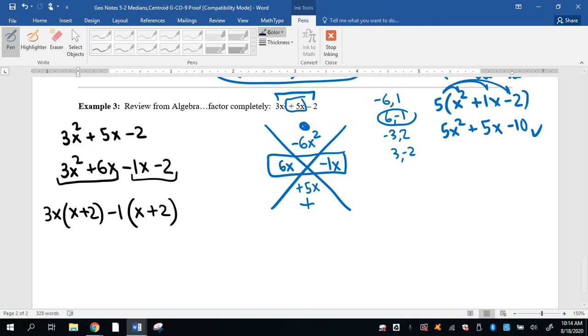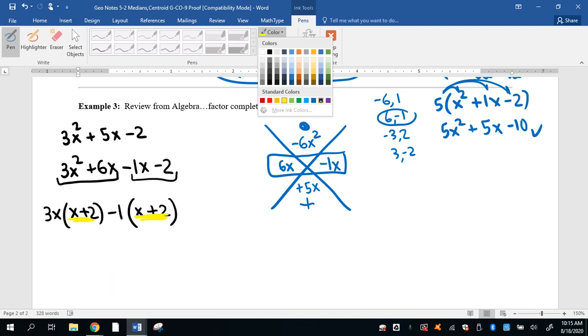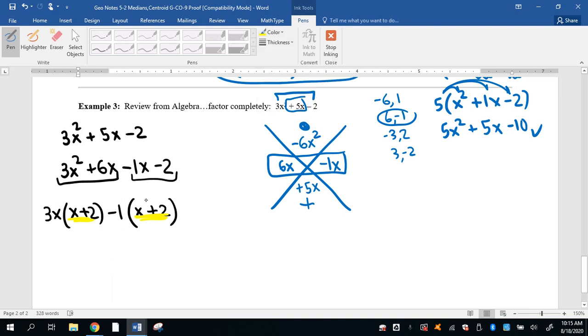And now we have two terms, and both terms have a common factor of x plus 2. So we are ready to now factor out that greatest common factor, which is x plus 2. So we have an x plus 2, and then what's left is this 3x minus 1.